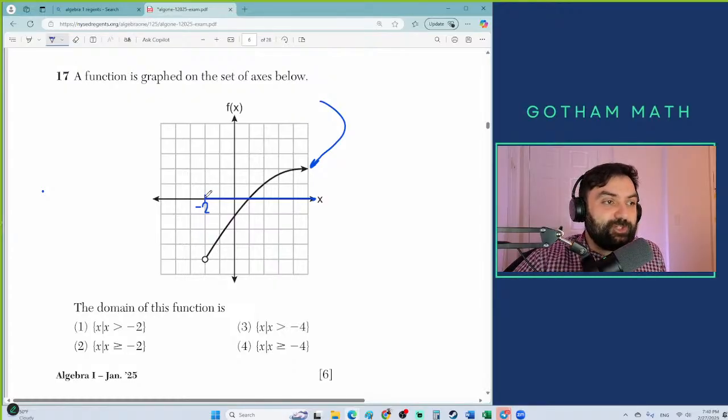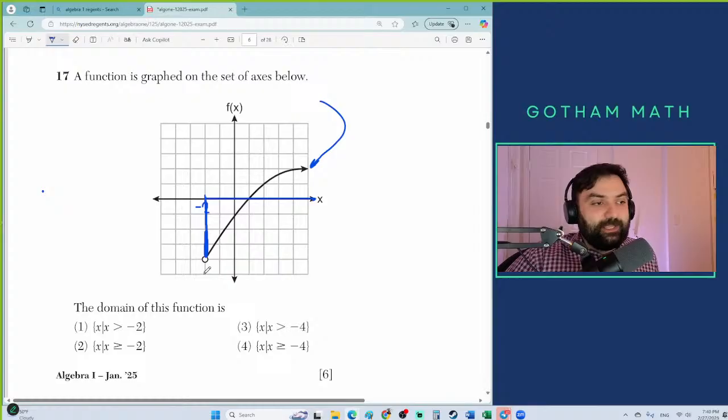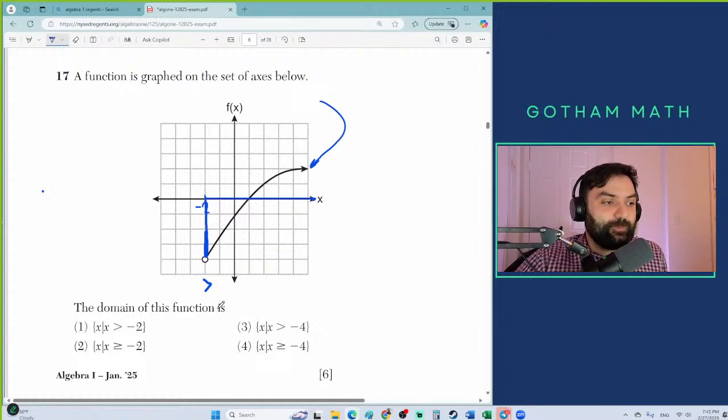But pay attention to this circle, the empty circle. The empty circle indicates a just greater sign, like this. This is the sign that we're going to use, not this one.